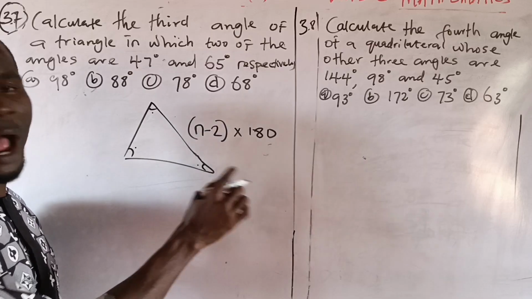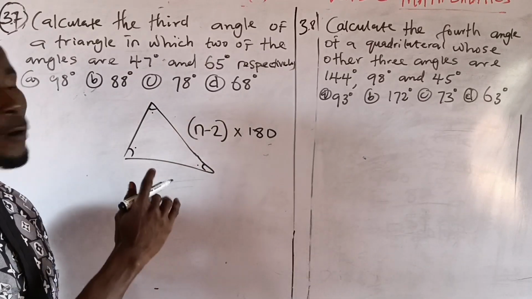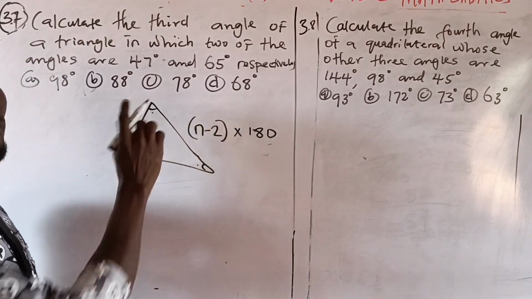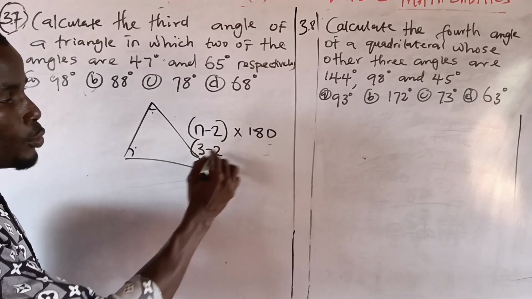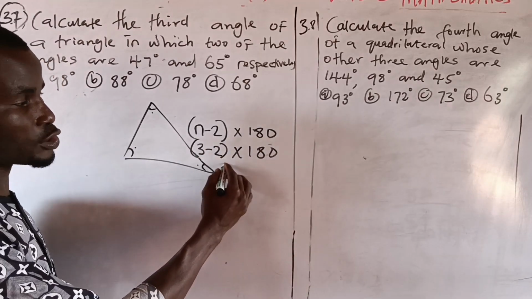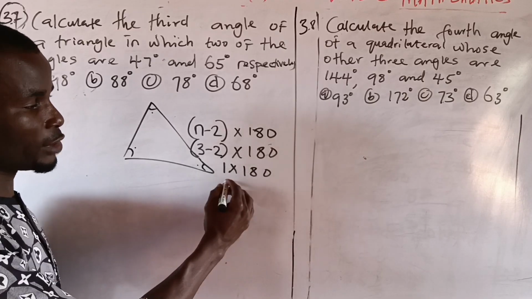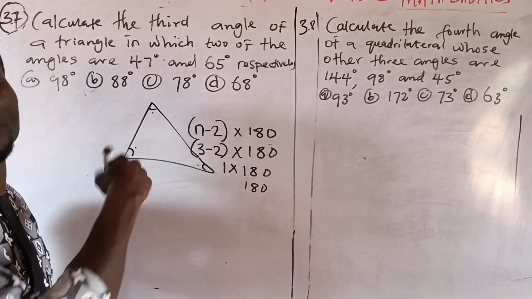Let's assume you don't know the sum of a triangle. Use this formula. How many sides do we have here? We have 3 sides. So you say 3 minus 2, times 180. 3 minus 2 will give us 1. 1 times 180 will give us 180. That is the sum of the angles of a triangle.